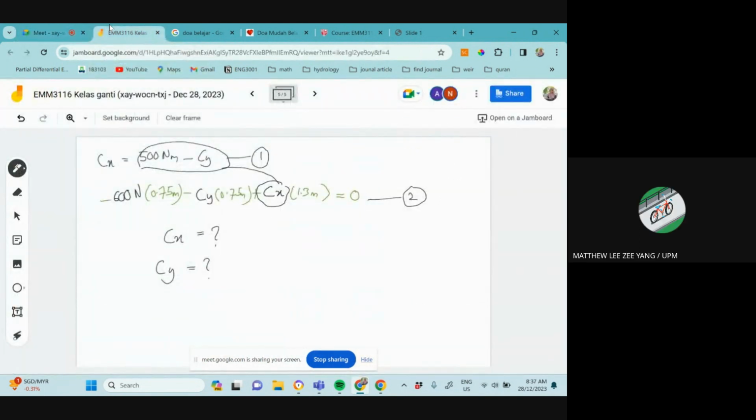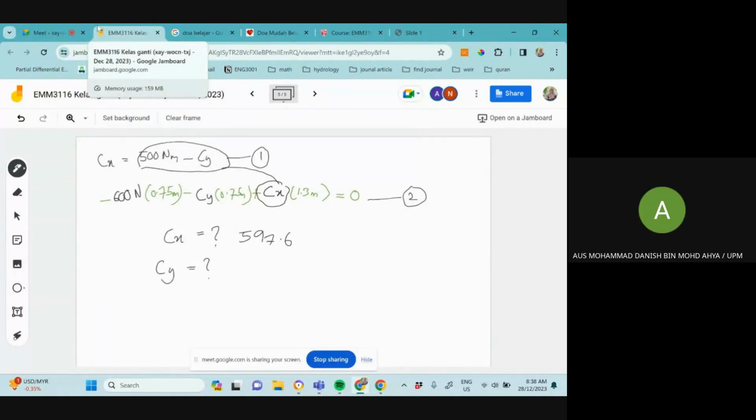Doktor, Cx 597.6. Itu betul? 59.76? 597.6? Not quite true, tapi dah almost. Should be around 400 something. 402? Yes. 402.6.